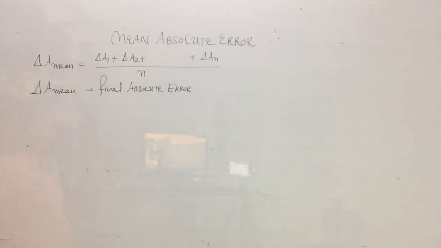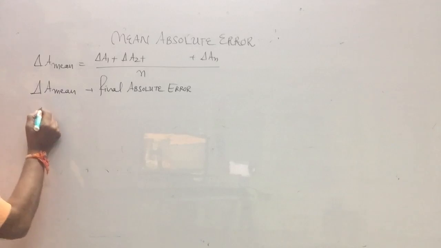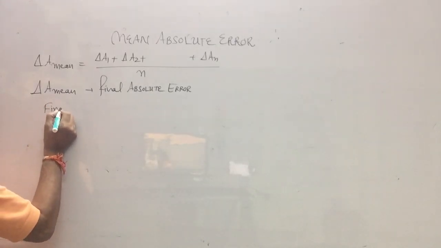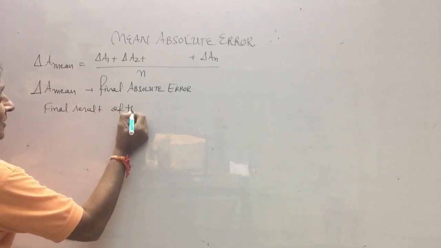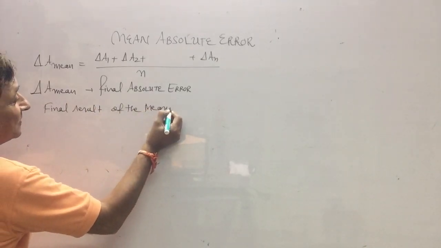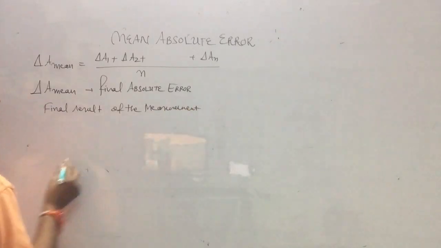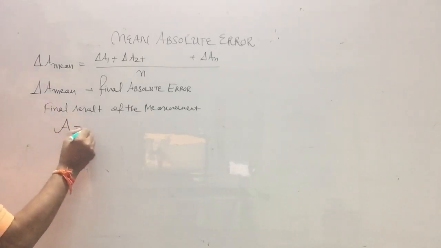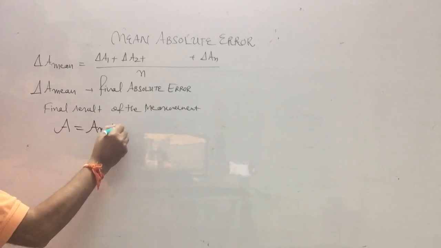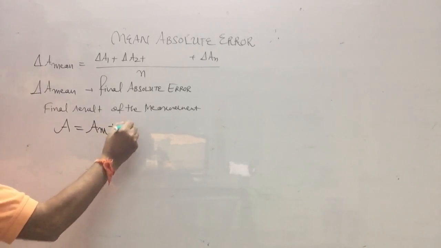Now students, what will be the final result of the measurement? It will be A equal to AM plus minus delta AM.